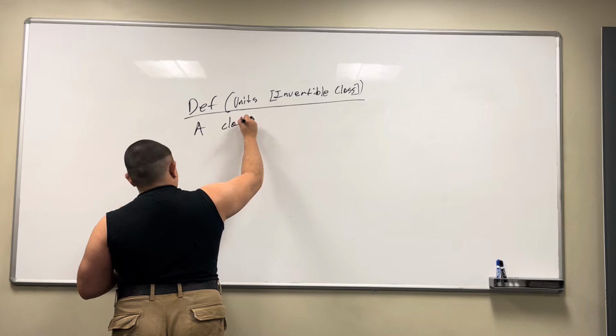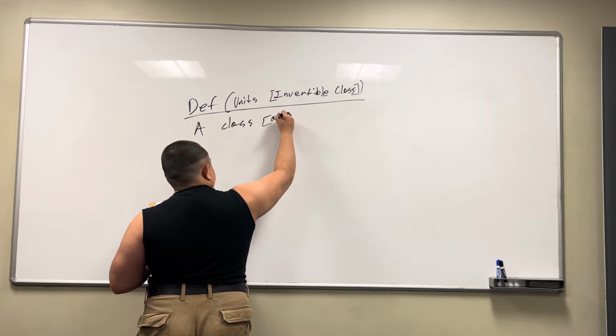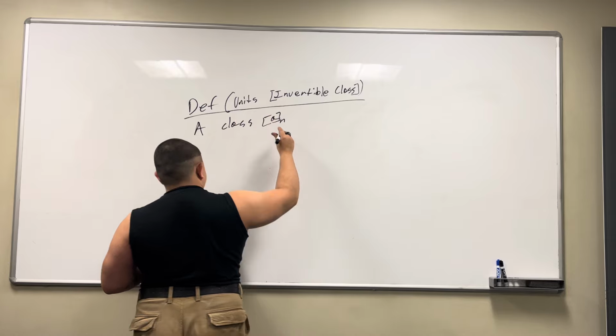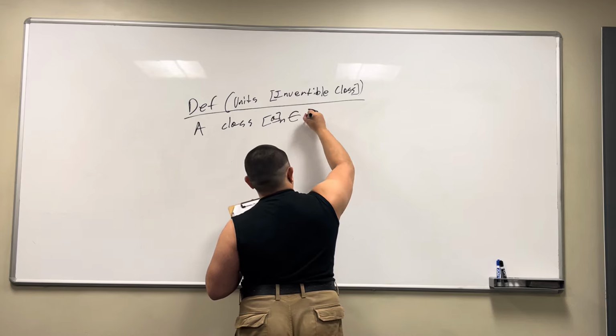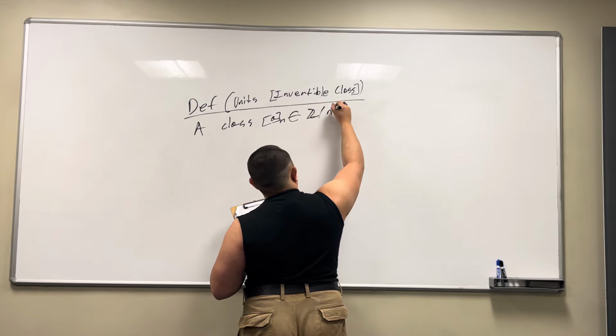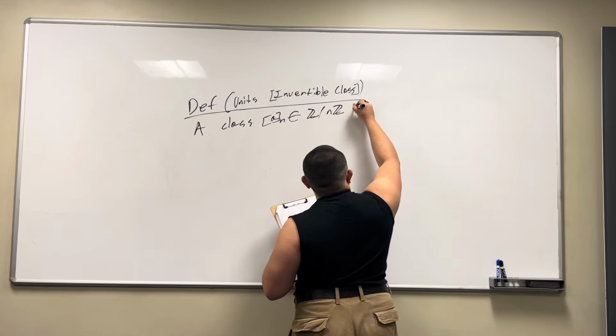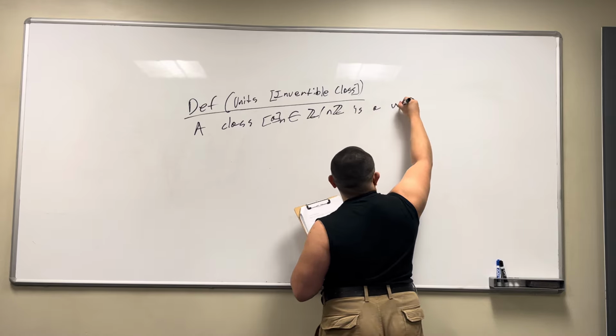A class A mod n within the set of all residue classes is a unit. We'll just call them unit because that's easier to say.